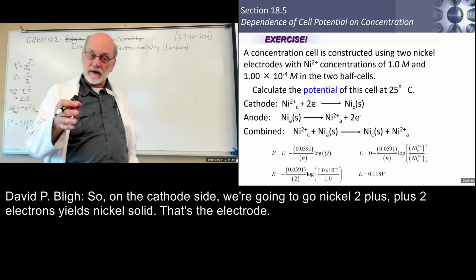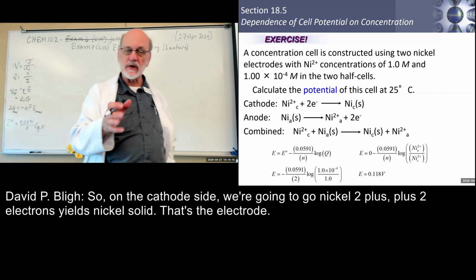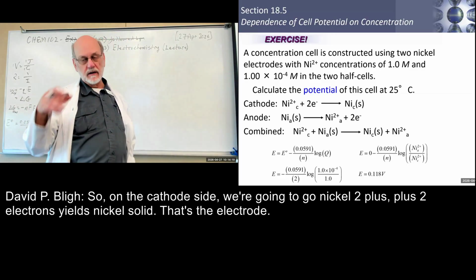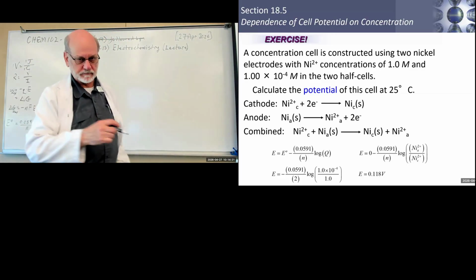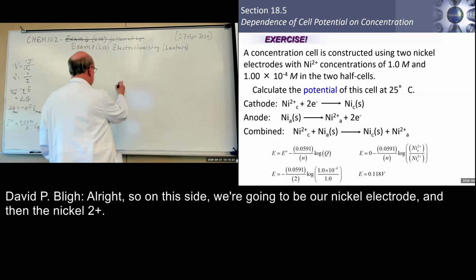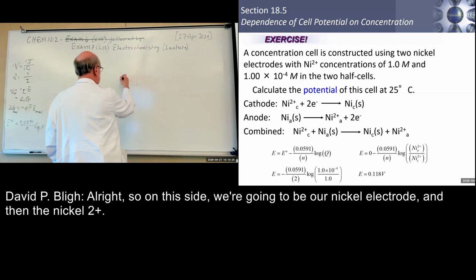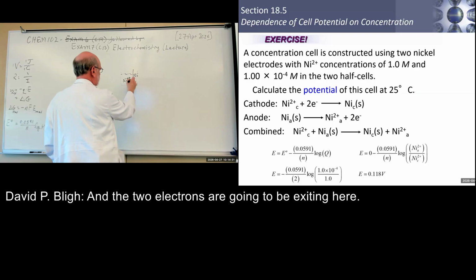So on the cathode side, we're going to go nickel 2 plus 2 electrons yields nickel solid. That's the electrode. Right, so on this side, we're going to be our nickel electrode and then the nickel 2 plus. And the 2 electrons are going to be exiting here.